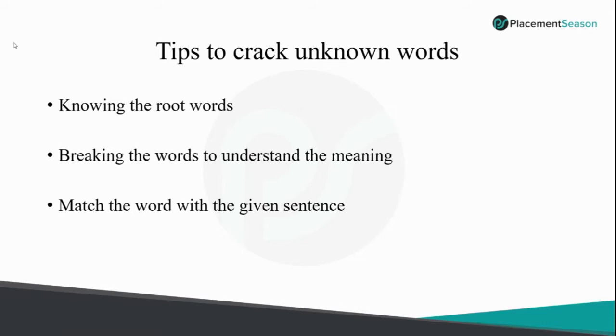You break it. After knowing the root word, you take a word, you break it into pieces and see how you can derive the answer. For example, let's take biology. Bio means life. Ology is study. So study of life is biology. Where is life? Life is in animals and plants.